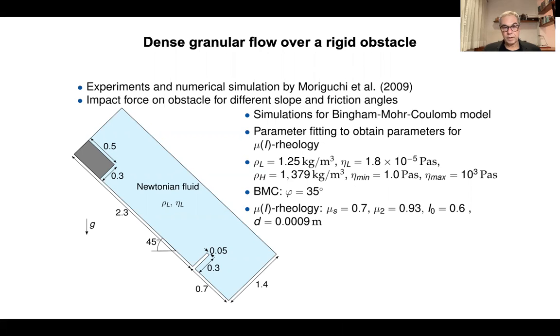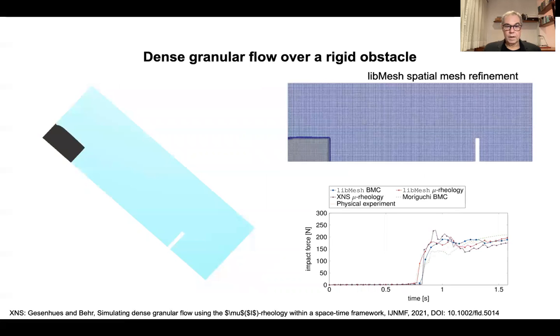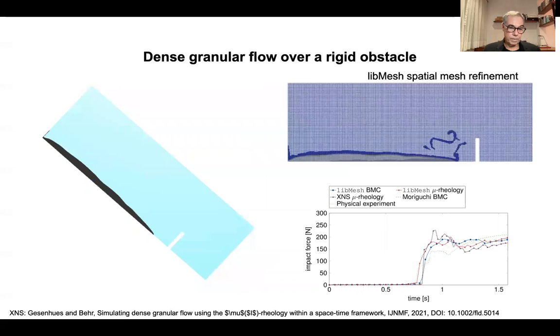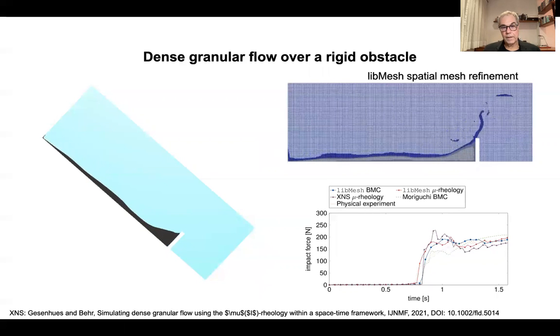We then consider a Mohr-Coulomb angle of about 35 degrees, and those are the parameters we obtained by fitting the mu(I) rheology to the BMC model. We can see this in the animation, with the adaptive mesh refinement and the sediments hitting the wall.